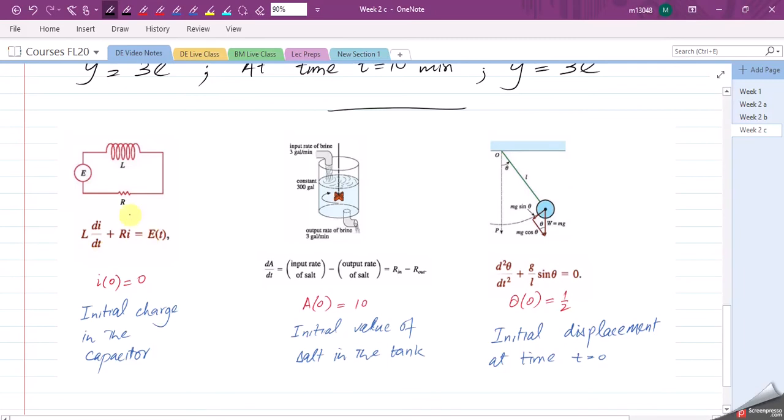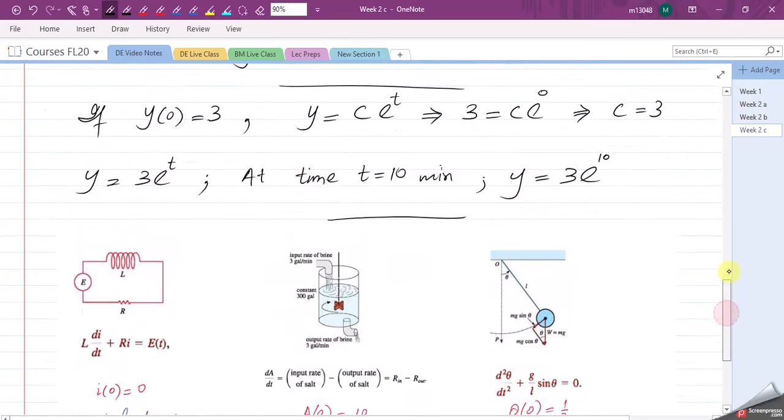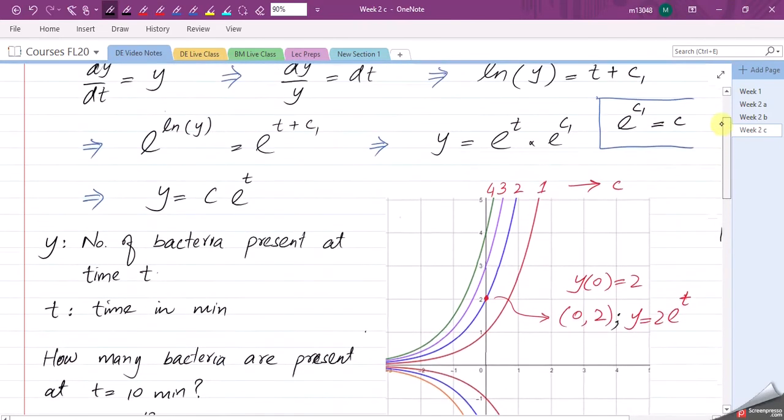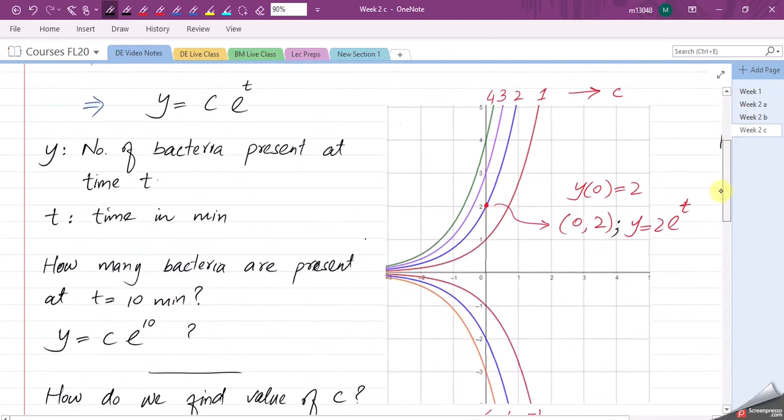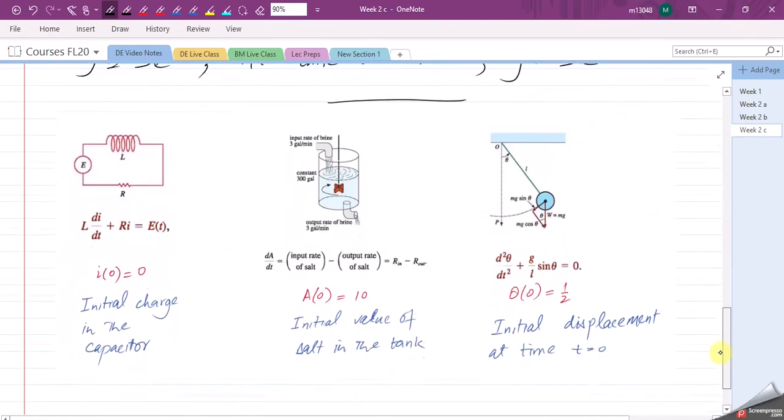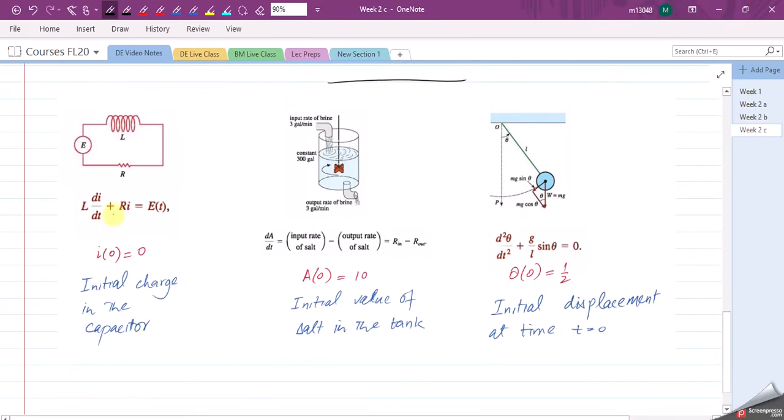When we solve this differential equation, obviously we will get a constant of integration, just like we have a constant of integration here because of the integrations here. We can find the value of that constant using an initial condition on our current. At time 0, the current is 0.